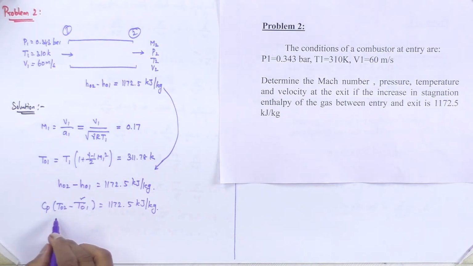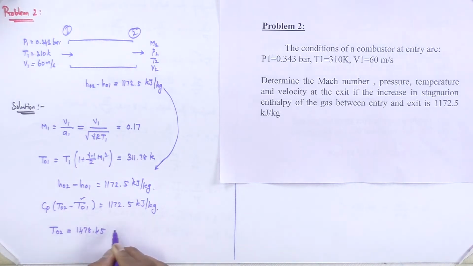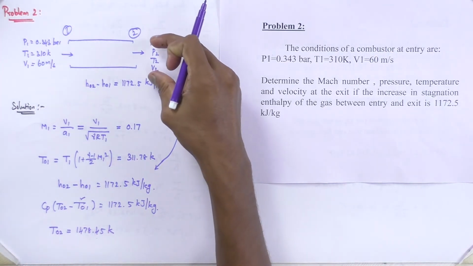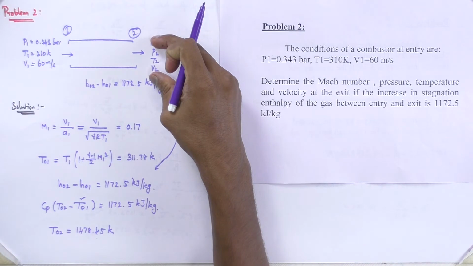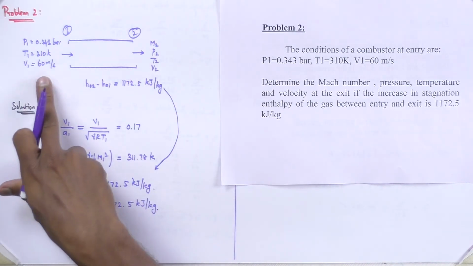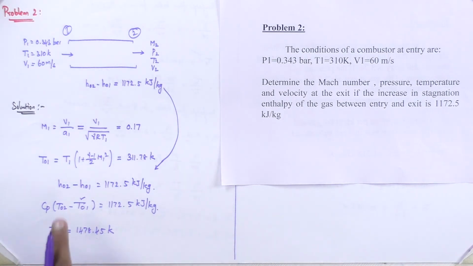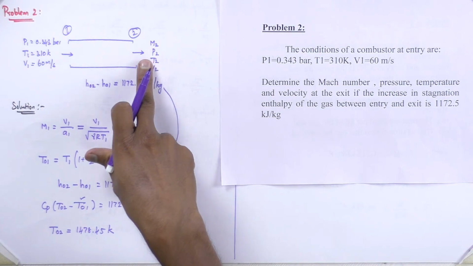Now let us calculate T02 value. After the calculation we will get this value as 1478.45 Kelvin. To get this region 2 properties, initially we have to relate this inlet with sonic condition, and then from that sonic properties we have to relate this region 2 properties.